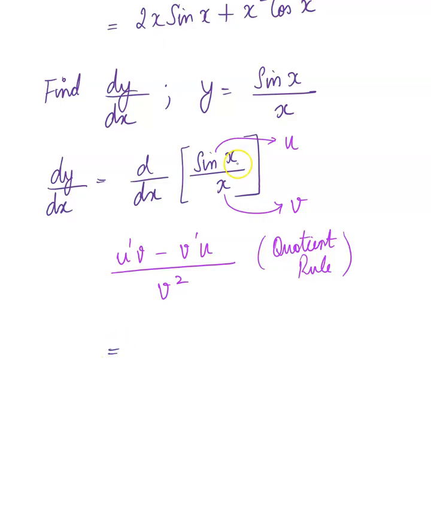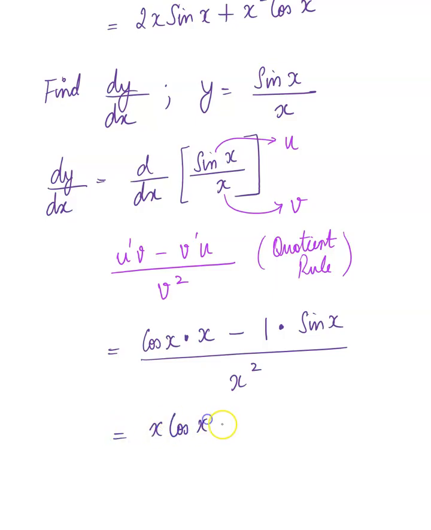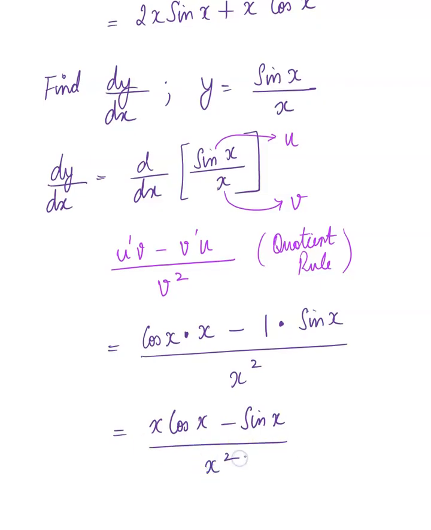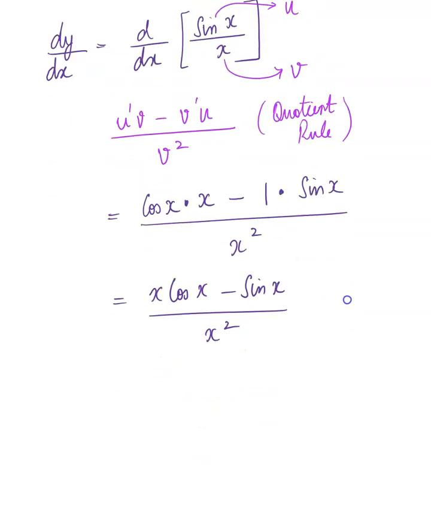So the derivative of u is cosine x. I'm slowly getting away from showing every step explicitly. So u prime v is what I have here already, minus v prime, which is 1, times sine x, all over x squared. So that's basically x cosine x minus sine x over x squared. And that's the answer there.